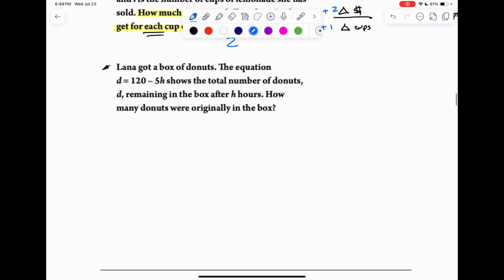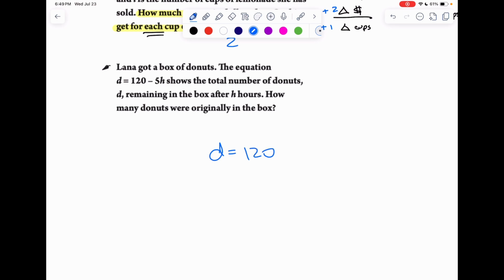Lana got a box of donuts. The equation D equals 120 minus 5/8 H shows the number of donuts, D for donuts, remaining in the box after H hours. How many donuts were originally in the box?